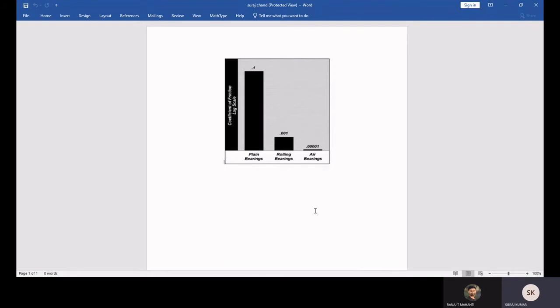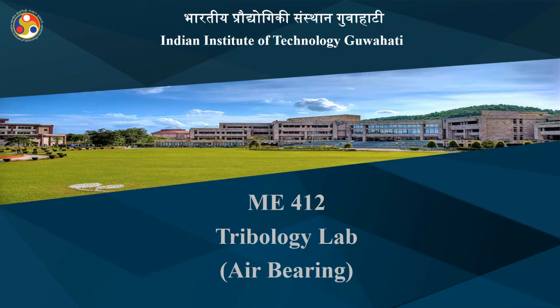For roller bearing, it is 0.01, and for air bearing it is 0.0001. As we can see, compared to plain bearing and roller bearing, the air bearing coefficient of friction is very low. Hence, air bearing is used where low friction is required.